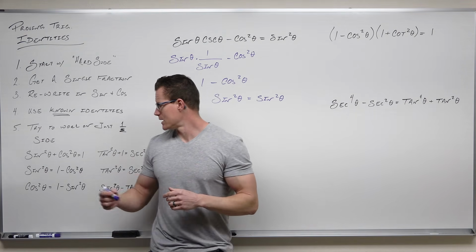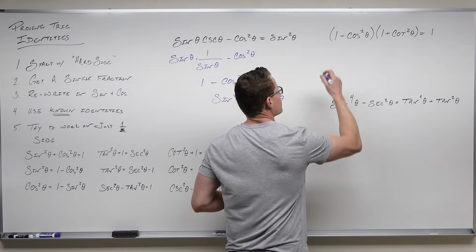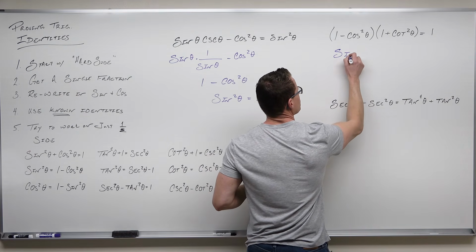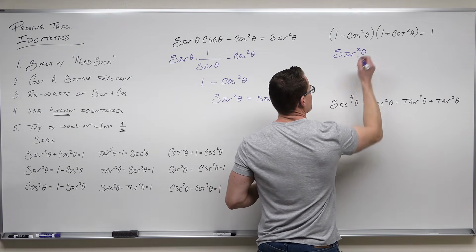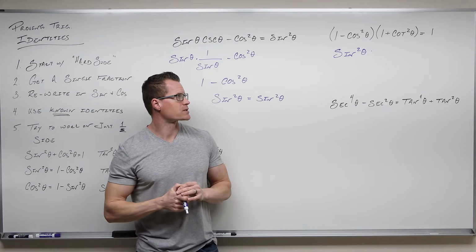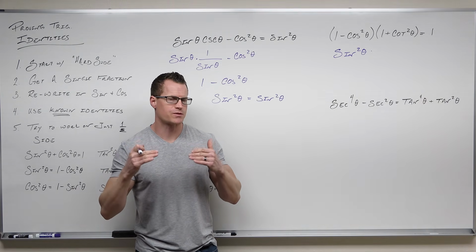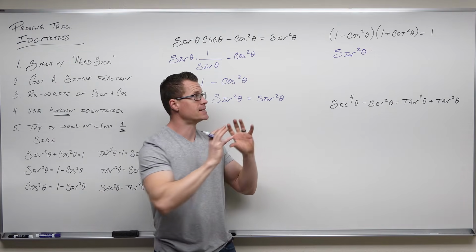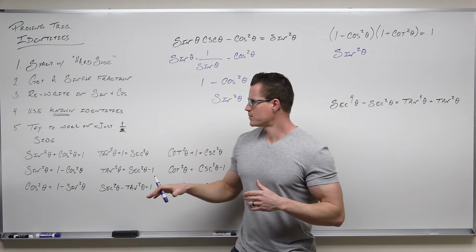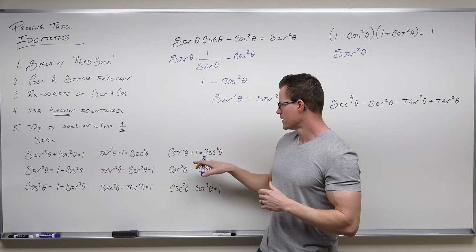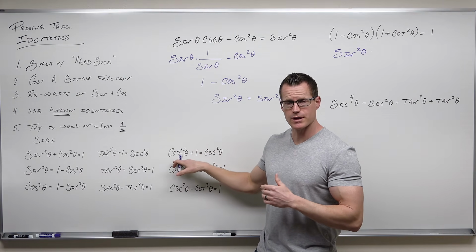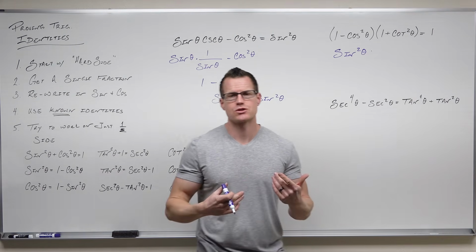Let's make that into sine squared theta. One plus cotangent squared theta. Again, we're not going to be writing things in terms of sines and cosines if we have an identity already there. 1 plus cotangent squared theta, or cotangent squared theta plus 1, is cosecant squared theta.